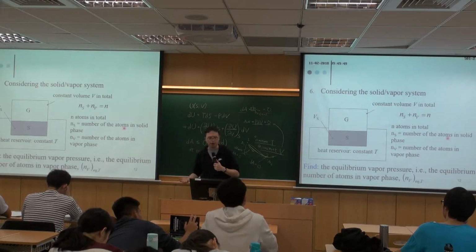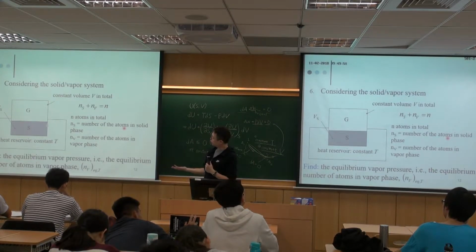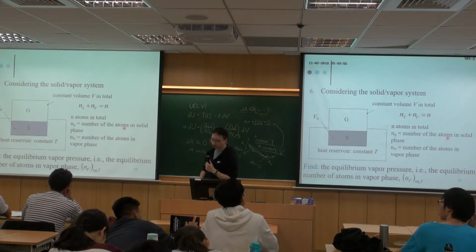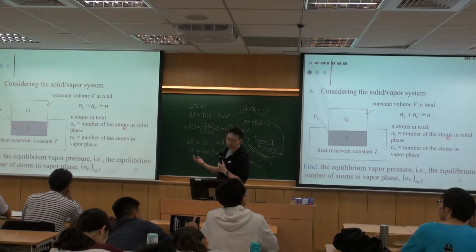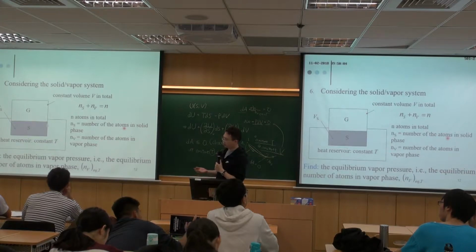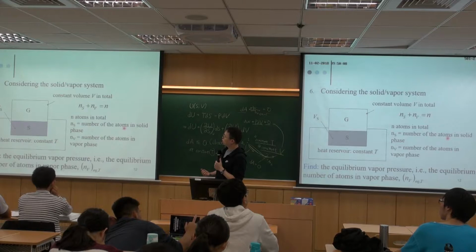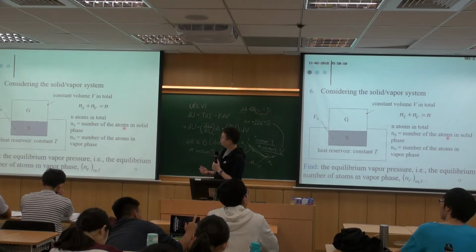Actually, there's no big difference, but I think the reason why the textbook used this kind of example is because it's much easier to do some calculation. Although I think in the new version of the textbook, it doesn't go through any detailed calculations. But I will show you some of my previous calculations later.